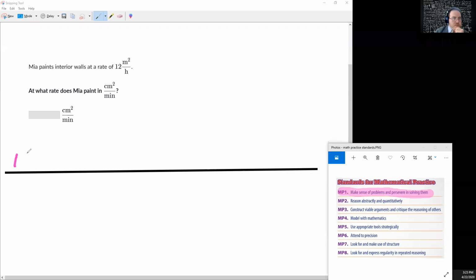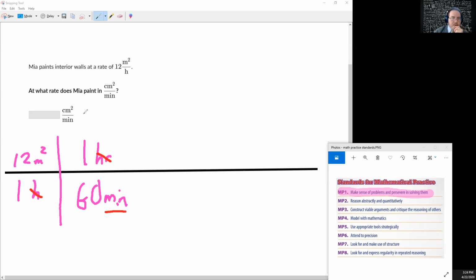So let's just go ahead and write down what we know for now. Right now we know that she's doing 12 meters squared every 1 hour. And then draw a vertical line. The hour part is pretty easy to fix because 1 hour is equal to 60 minutes. So I'm done with those units. Now here's the tricky part.